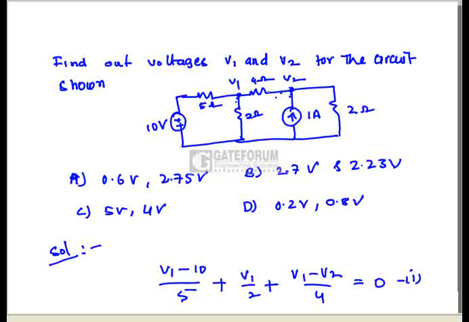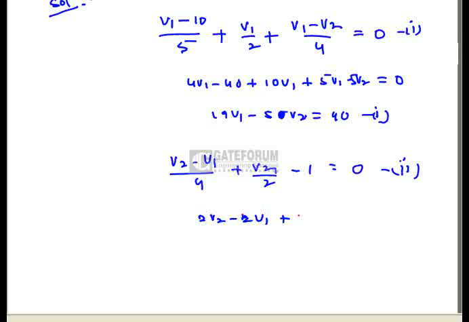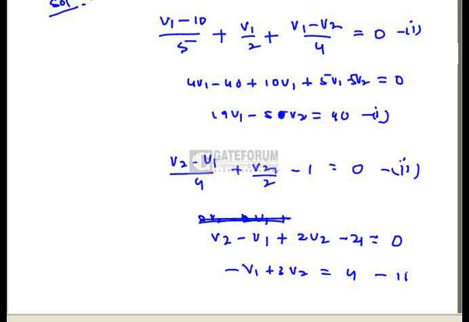So the equation is (V2 minus V1)/4 plus V2/2 minus 1 equals 0. Simplifying, we get 2V2 minus 2V1 plus V2 minus V1 plus 2V2 minus 4 equals 0. Further simplifying, minus V1 plus 3V2 equals 4. This is equation number 2.